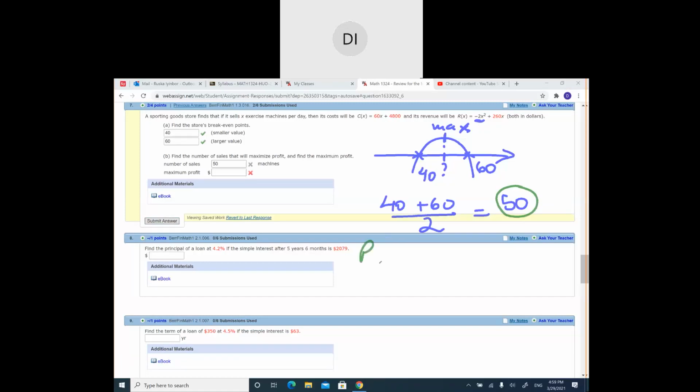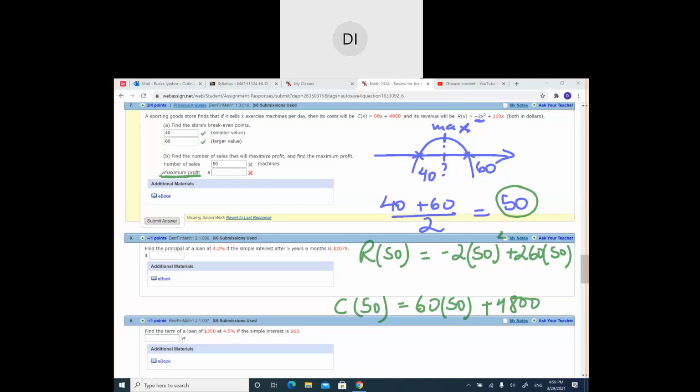So revenue of 50 is going to be negative 2 times 50 squared plus 260 times 50. And then you can do the math here. And also you're going to plug it into the cost function, 50. So it's going to be 60 times 50 plus 4,800. You're going to do both of those. And then you're going to do revenue minus cost. You're going to subtract them to find the maximum profit. So profit is revenue minus cost.